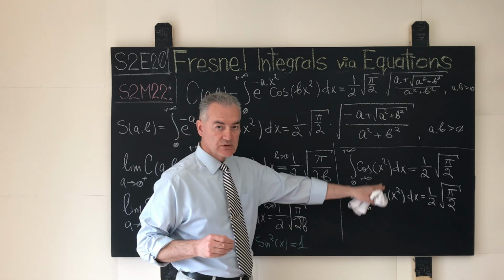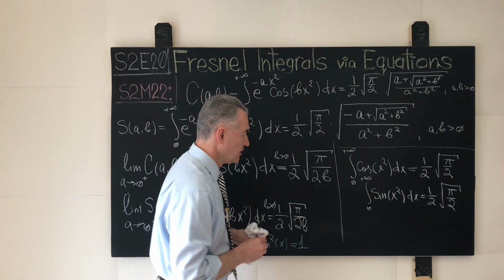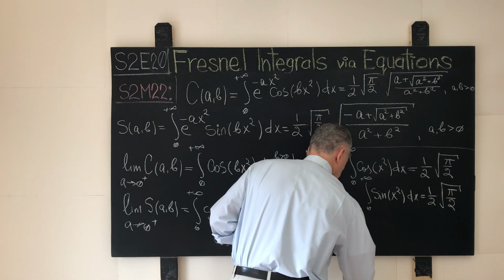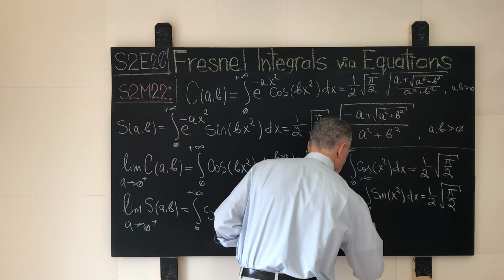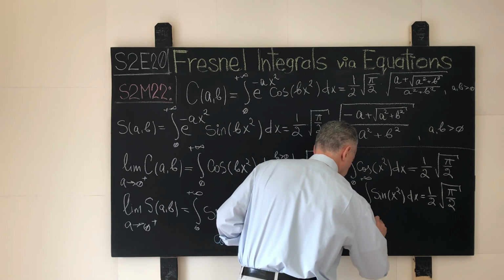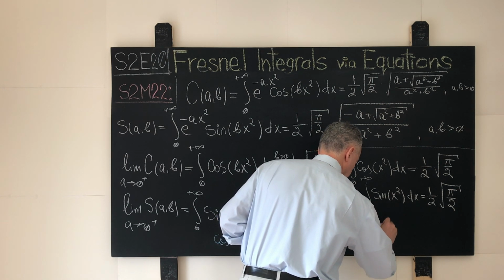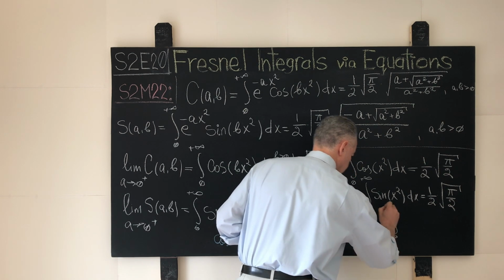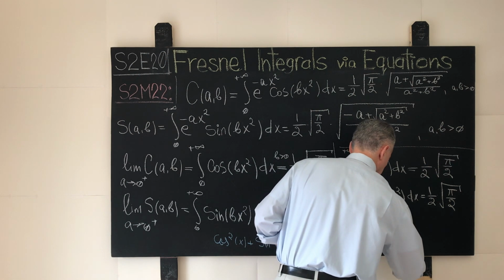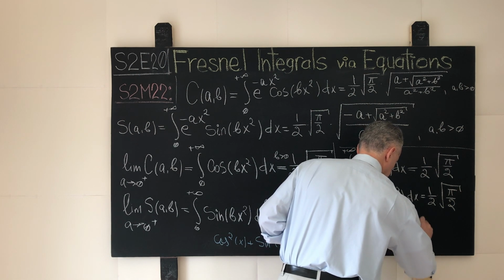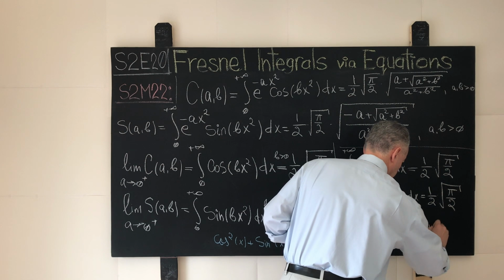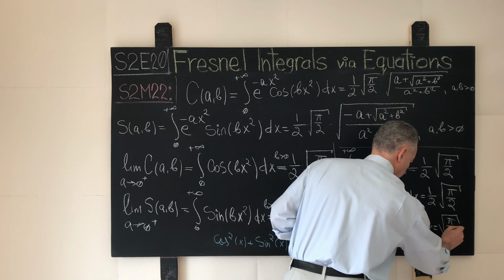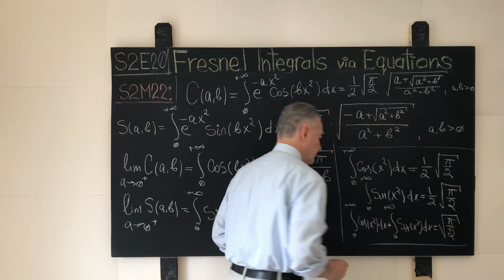Now you have a similar identity, which says that, let's write it down, the integral from 0 to positive infinity of cosine, but this time x squared dx, plus the integral from 0 to positive infinity of sine of x squared dx is equal to precisely the square root of pi over 2.